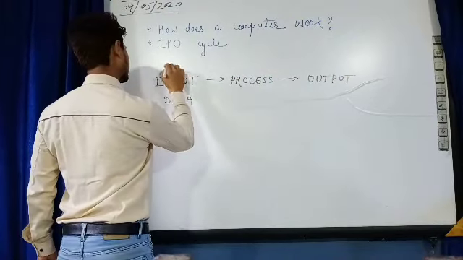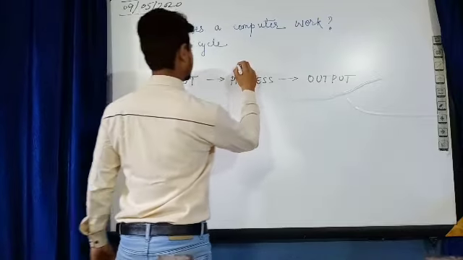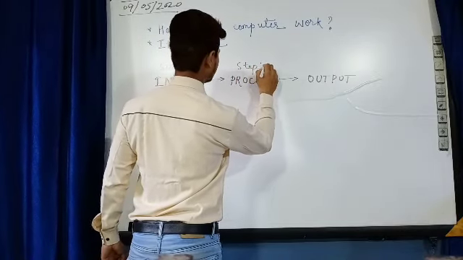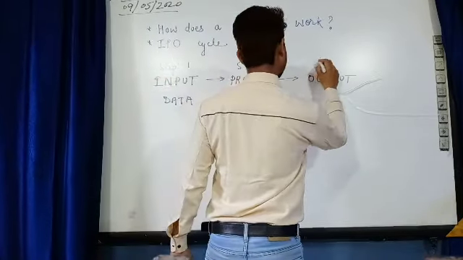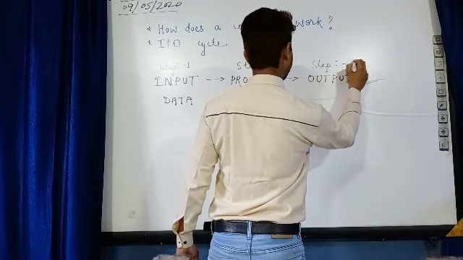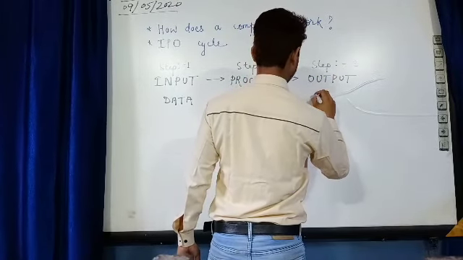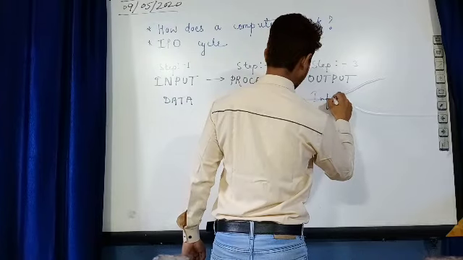Step 1 is input. Step 2 is process. Step 3 is output, that is the information or the result.